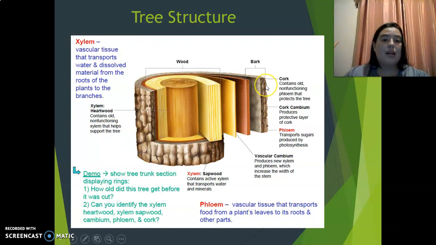This is the cork, and this contains all non-functioning phloem that protects the tree. This is the cork cambium that produces the protective layer of cork. And this part is phloem that transports sugars produced by photosynthesis, okay? And this is the sapwood that contains active xylem that transports water and minerals. So this is the tree structure, okay?